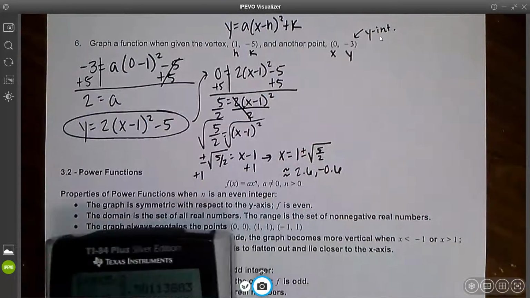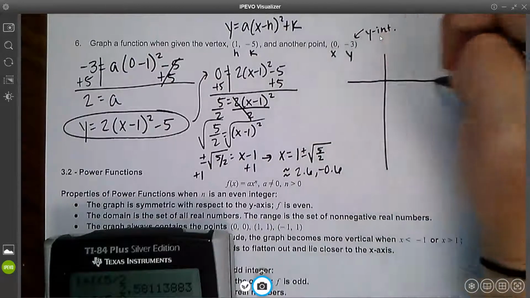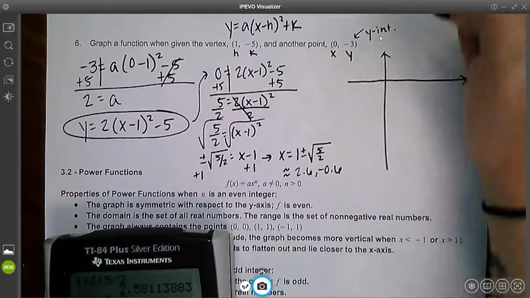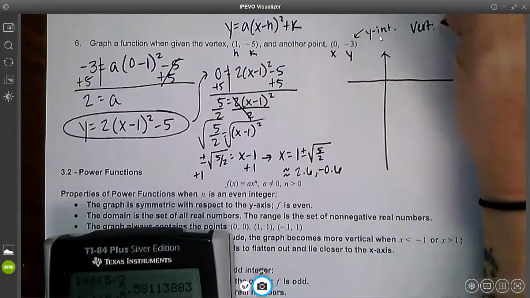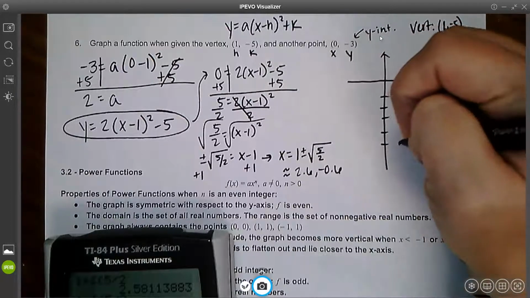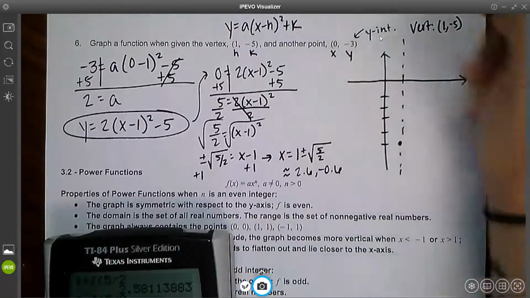So now I'm just going to sketch a graph over here. My vertex is, it already tells us, I don't need to write this, (1, -5). That is also my axis of symmetry, which is at positive 1.